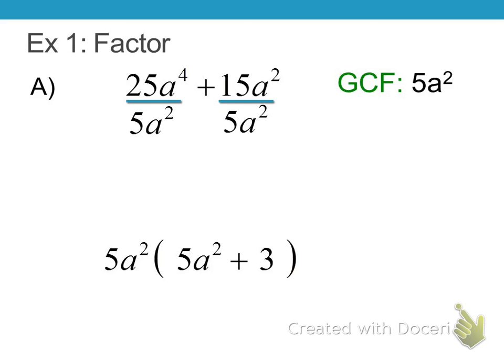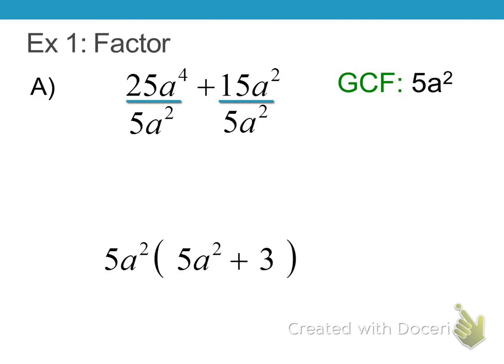Yeah, and a real quick way to check it is to just distribute. What is 5a squared times 5a squared? 25a to the 4th. Sorry, what's 5a squared times 3? 15a squared. So do you see if I multiply this out, I end up with what I started with? That's because multiplication and division undo each other.